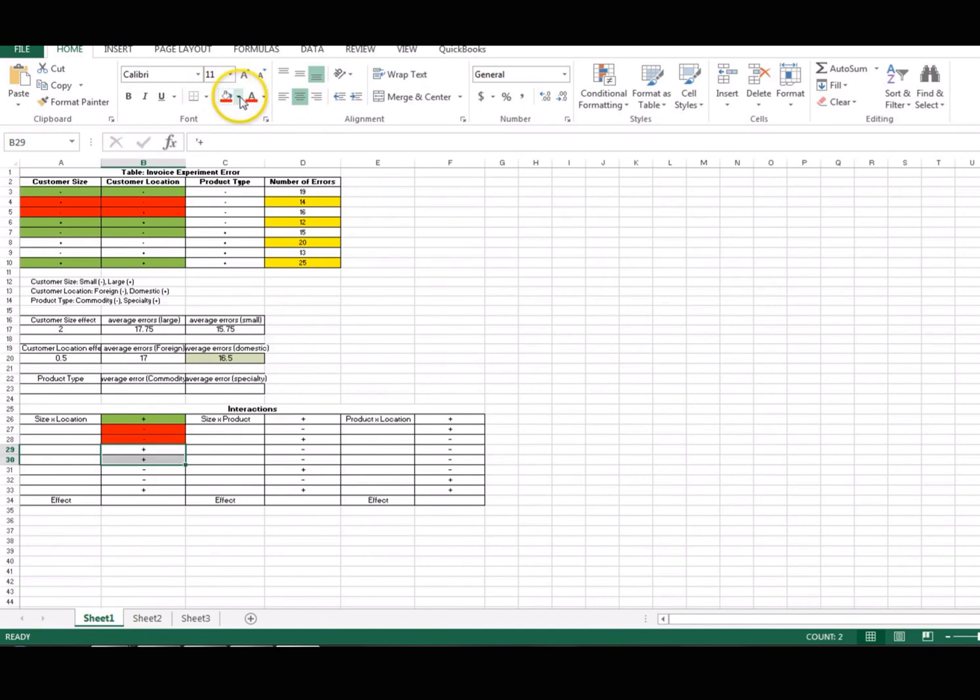These two are positive. They're both green. So you're going to highlight these two as well as being the same. Plus, plus, minus, minus. You have one more set of positives up here, so this one's also going to be green. These two in the middle are opposites, plus, minus, minus, plus, so they're going to be in red.